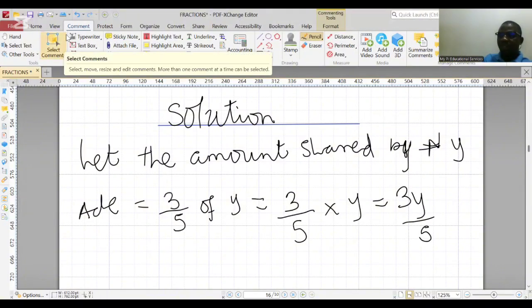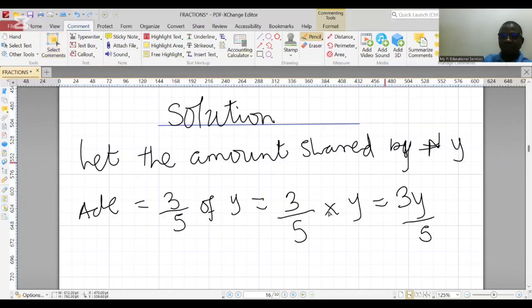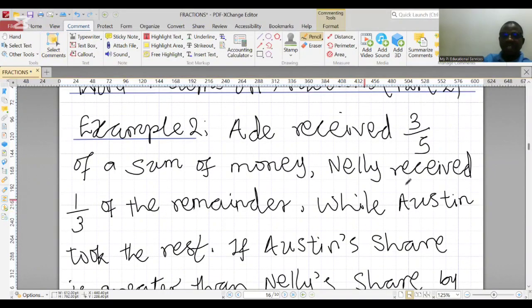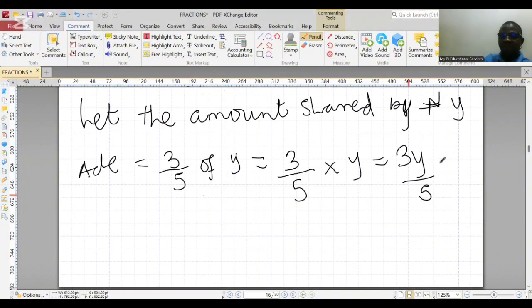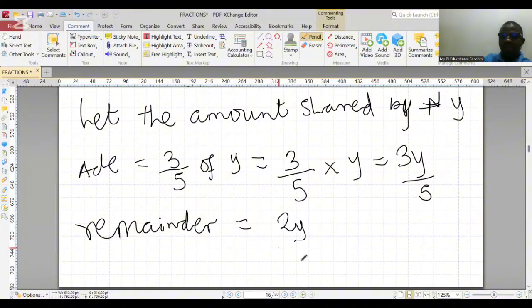So from the question, if Ade received 3 out of 5 of the money, then Nelly received 1 out of 3 of the remainder. So let me quickly find what the remainder is. If Ade received 3 out of 5, the remainder would be 2Y out of 5, which means the money is divided into 5 parts, and Ade has taken 3 parts, so the remainder will be 2 parts out of the 5 parts.